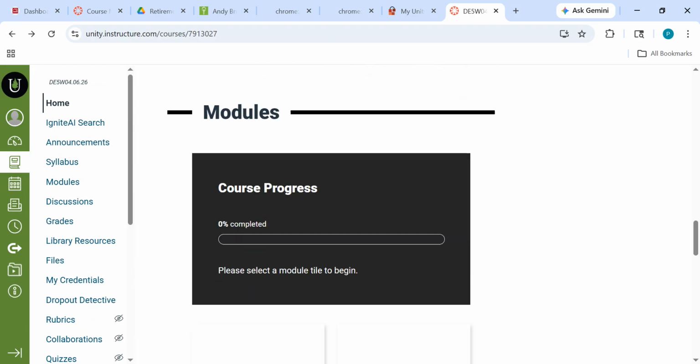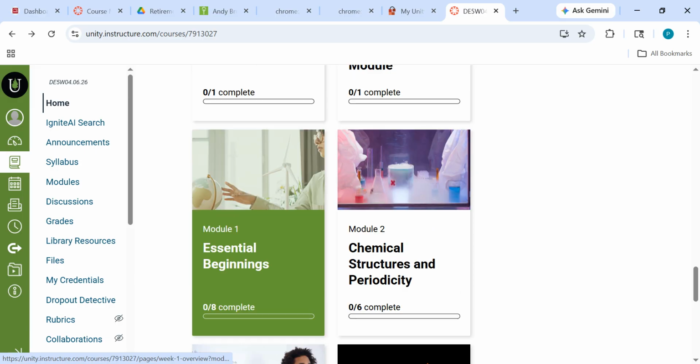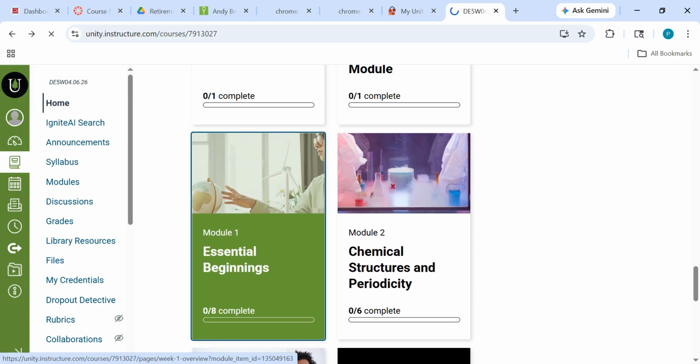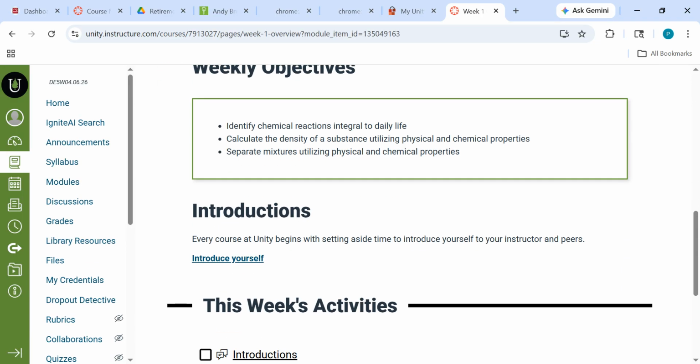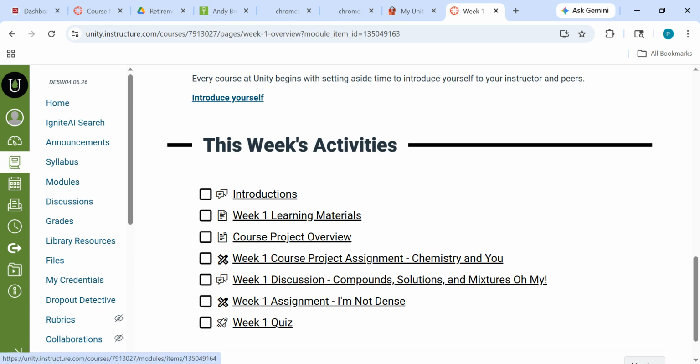If I go quickly through each one of these weeks, module one, as we said: introduction, learning material is here. You're going to read about the course project overview here, what we have as assignment this week. We're always going to have a quiz, so be sure to submit it on time. All of that will be showing to the right of your Canvas page here.